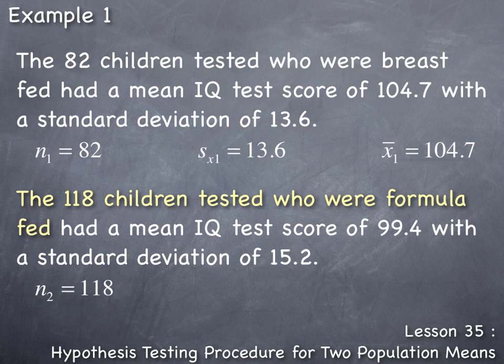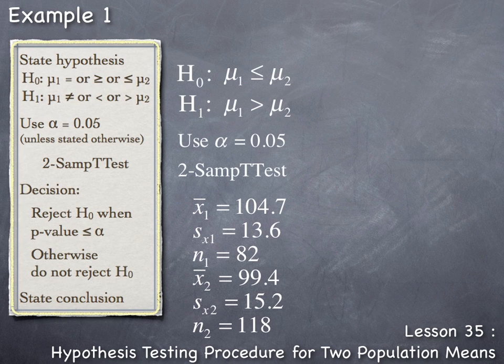This second sample had a mean IQ test score of 99.4, so x bar 2 equals 99.4, with a standard deviation of 15.2, so Sx2 equals 15.2. Now we can take these sample results and use them with the 2-SampTTest command to calculate the p-value.